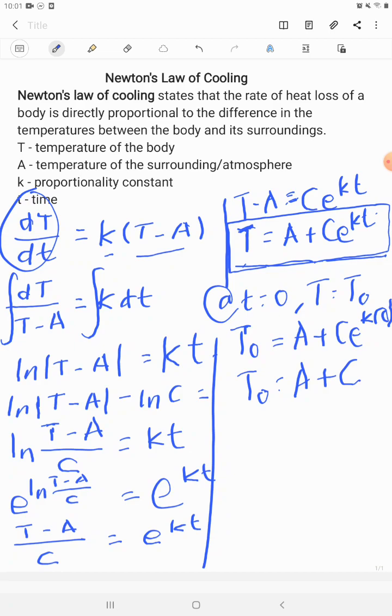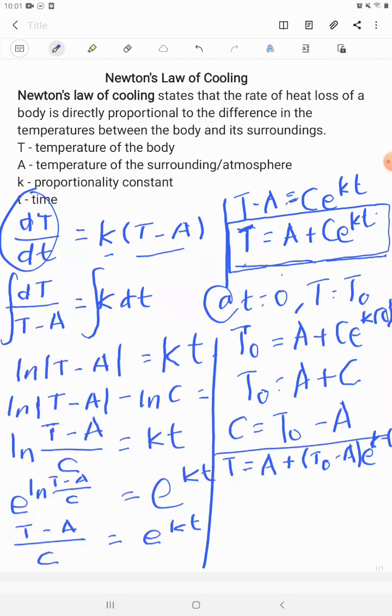So the temperature of the body when time is equal to 0 is T sub O. That means C is equal to T sub O minus A. And if we substitute this into the main equation above, the equation we have boxed, we can have T, at any time t, the temperature of the body is equal to the temperature of the surrounding plus C, where C is equal to T sub O minus A, then e to the power of k times t.